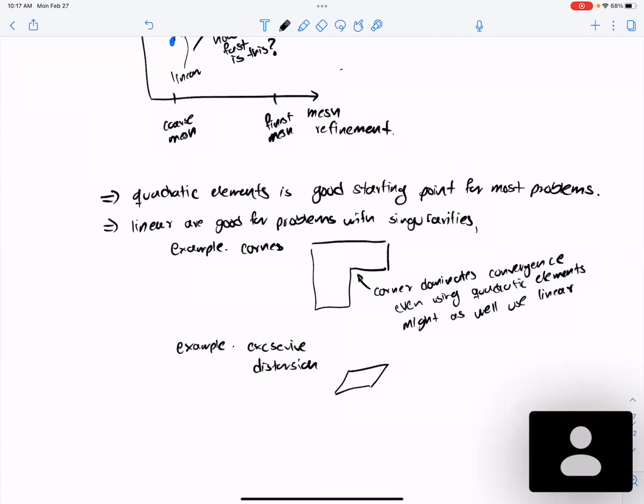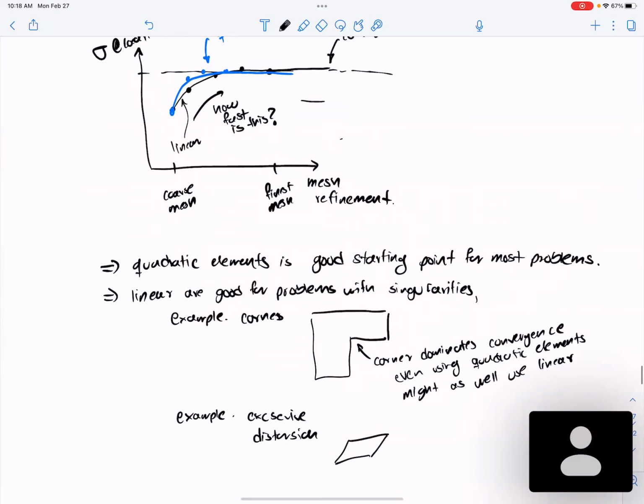But in 2D, you can see elements that get really distorted, and that reduces your accuracy. So again, you lose some of the power that you have with the quadratic elements if your elements get too distorted. Those are some rules of thumb. But the bottom line is you should refine your mesh and monitor the stress at locations of interest to make sure that it's not changing.